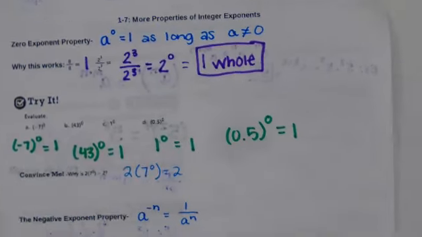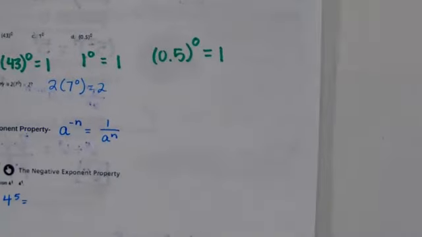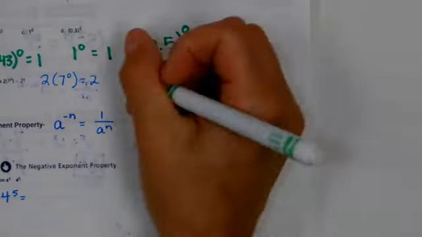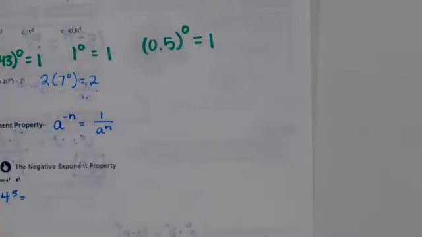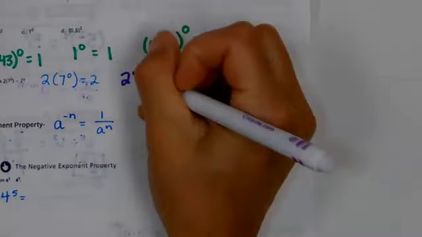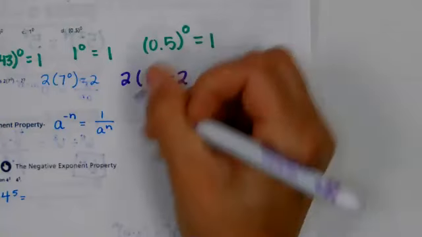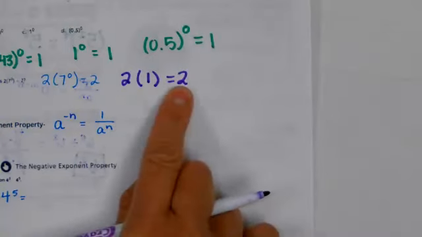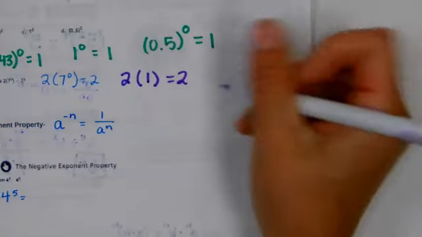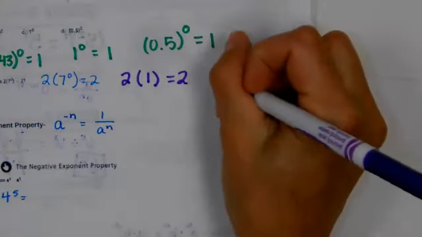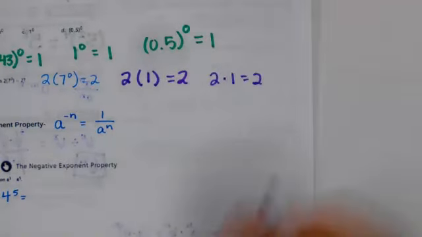Well, if we replace that 7 to the 0 power with what we know it is equal to, one whole, this is really 2 times 1, which equals 2. That's why, because anything times 1 is equal to itself, by the multiplicative identity property. So this always works. 2 times 1 equals 2.